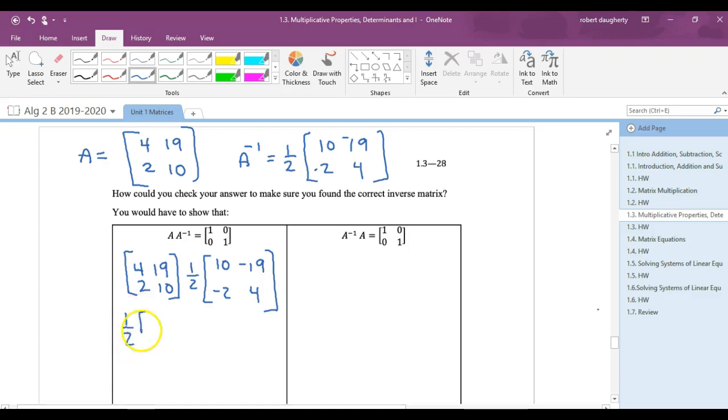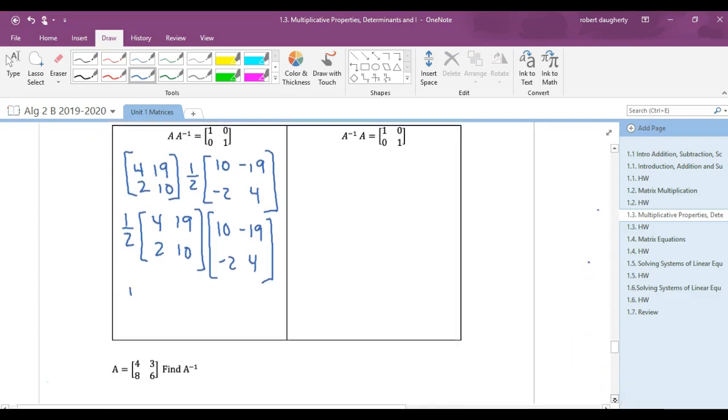It's 1/2, 4, 19, 2, 10, 10, negative 19, negative 2, 4. And now I just need to multiply these two matrices and then take 1/2 of it. So if I do this operation, looking at the first row, first column, that's 4 times 10 minus 2 times 19. What's 4 times 10? 40. 2 times 19.